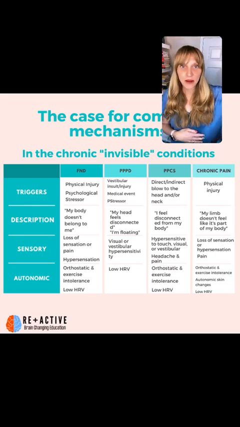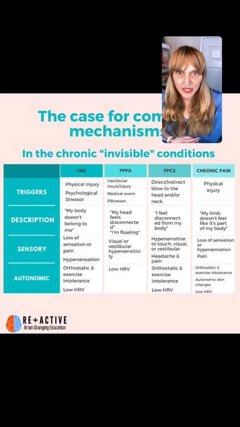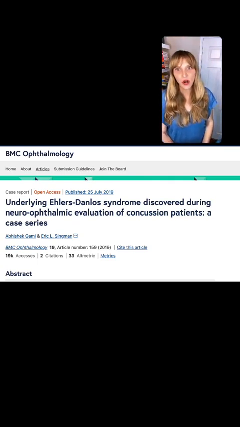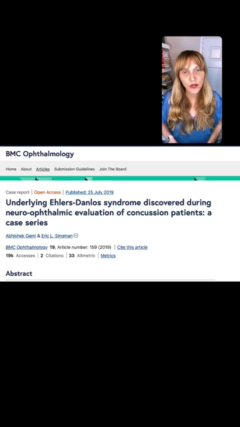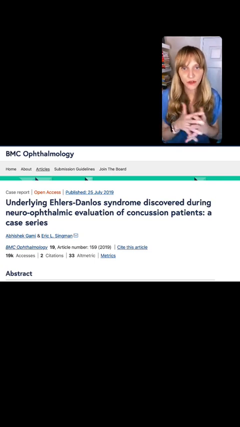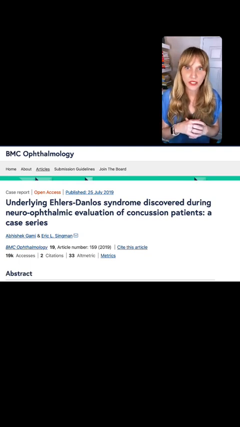Now, I'm going to share one more piece here. This has not been shown in the literature yet, but there was an interesting article here that was a case series report in neuro-ophthalmology, where they were putting people through a program for their vision, and they actually discovered underlying EDS in a series of patients who were post-concussion.